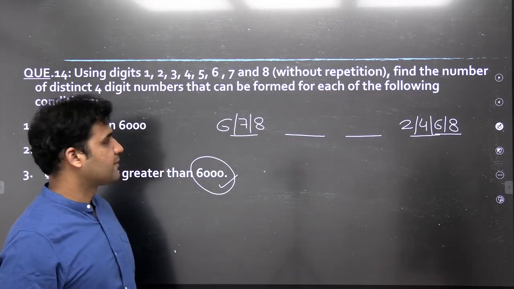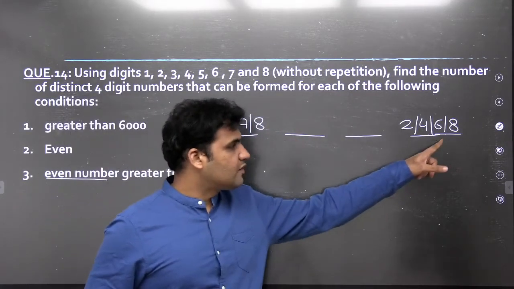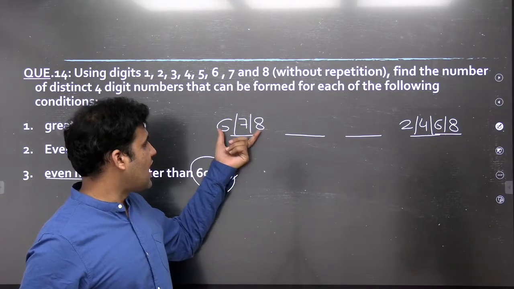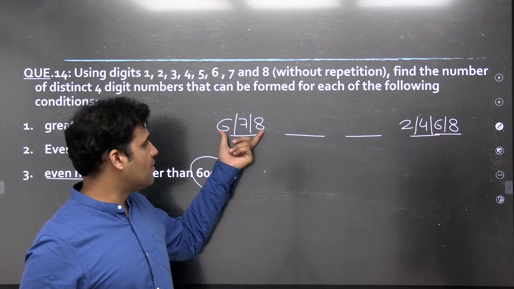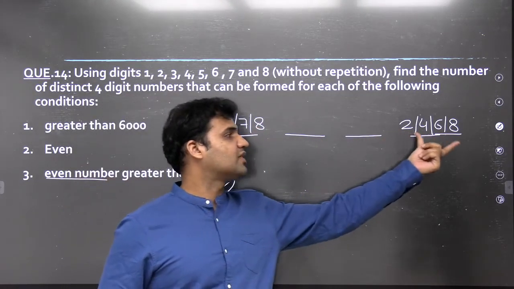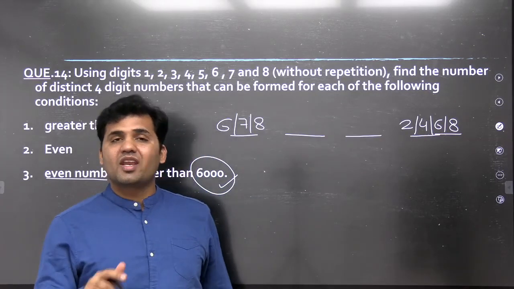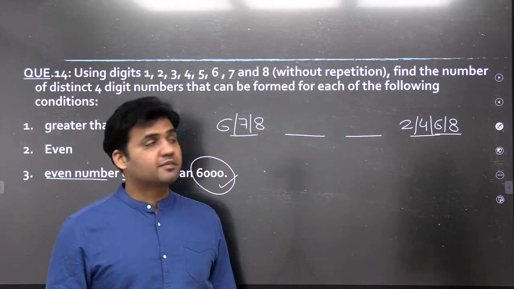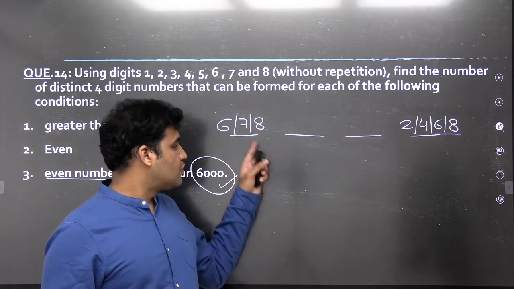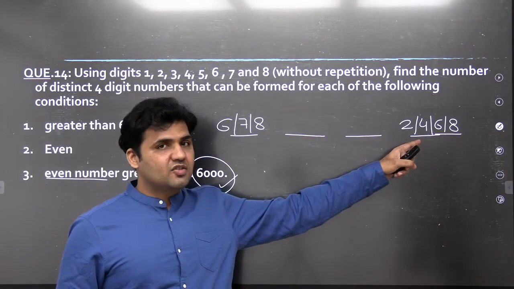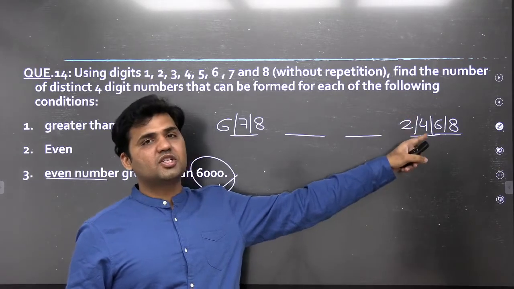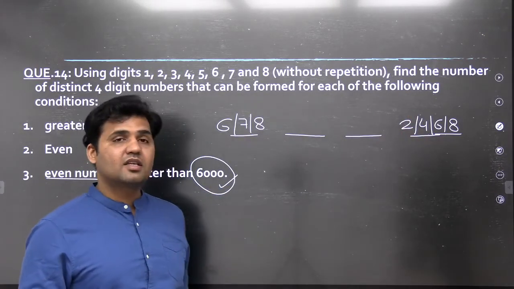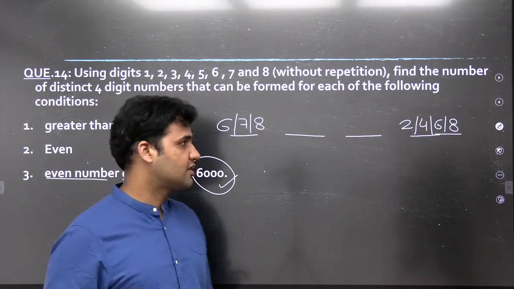Now you see this. There are two digits common to the first condition as well as the second condition. So whenever you come across a question where the two conditions have some common digits among themselves, you solve the question in different cases.